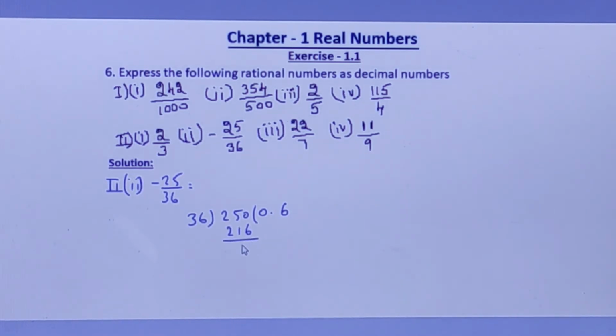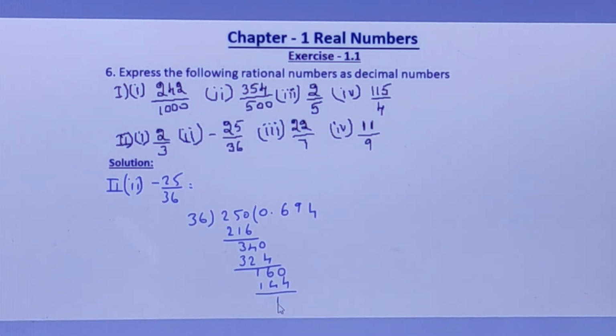What is the remainder? 34. So one more 0. 36, 9s are 324. Remainder is 16. One more 0. 36, 4s are 144.